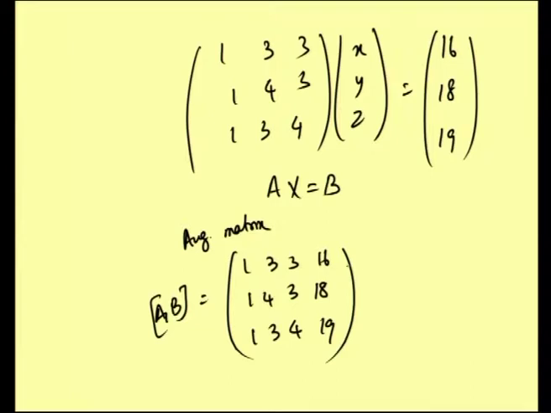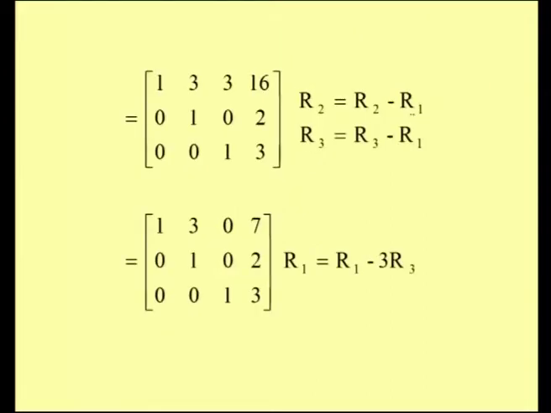Now, we have to do the operations with row 1 and make these two elements, which are circled here, as 0. So the operations are row 2 minus row 1 and row 3 minus row 1. For doing these operations, just write down the two rows and subtract.